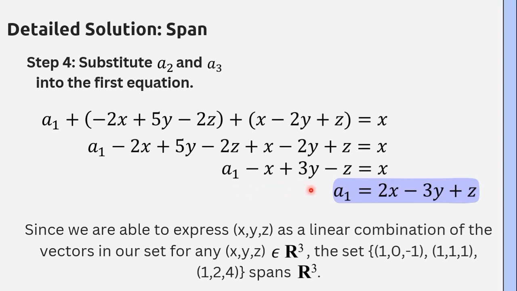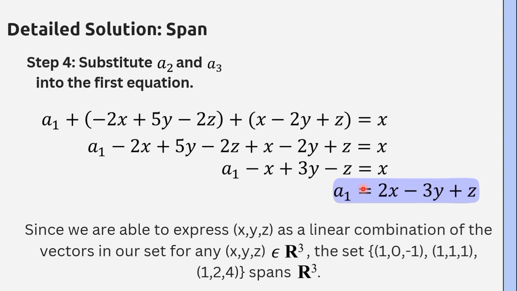Then we have our final answer, a sub 1 equals 2x minus 3y plus z. The original form of our equation is a sub 1 equals 2x sub 1 minus 3x sub 2 plus x sub 3.